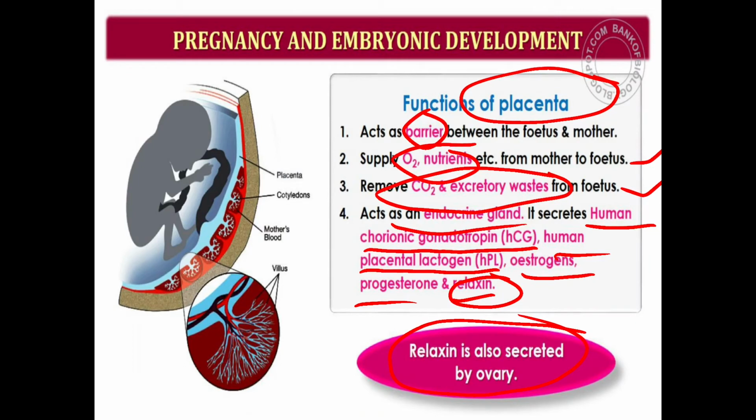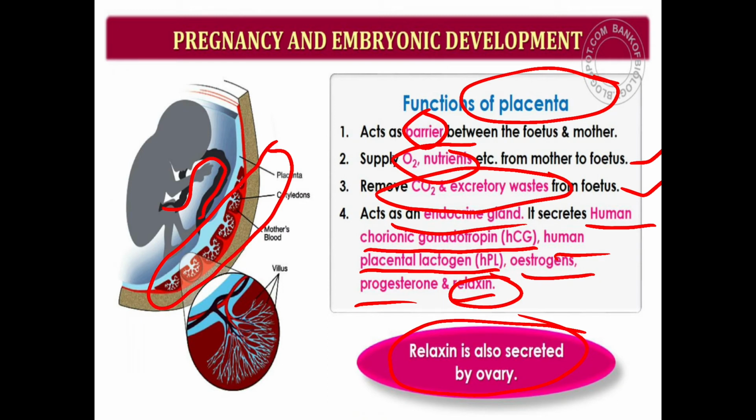Here you can see this complete structure is the placenta, where the fetal chorionic villi are embedded with the uterus, and this thing is the umbilical cord, where it is connected to the fetus. From the fetus, the waste products are collected.